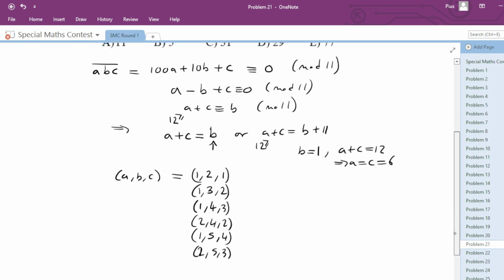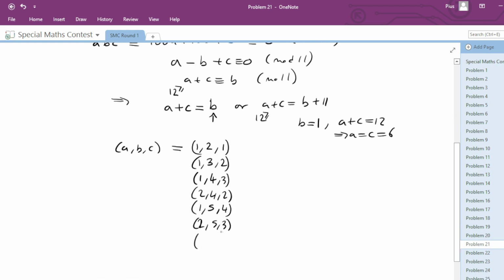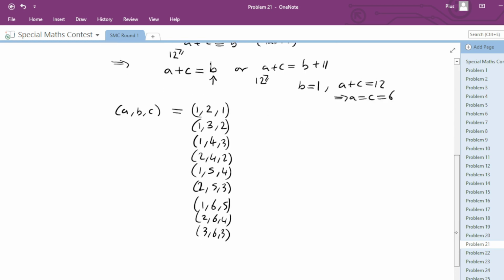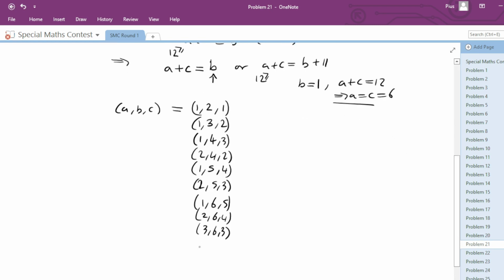Others will just be permutations. And then 6, now we have 1, 5, 2, 4, and then 3, 3. And finally, for the other category, this is specifically going to be 6, 1, 6.